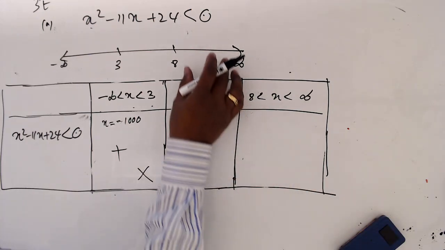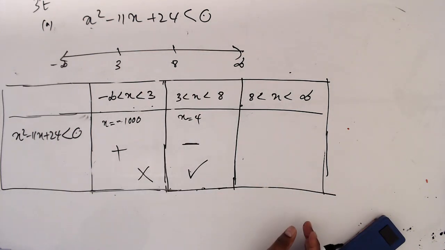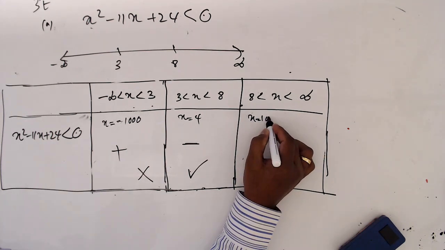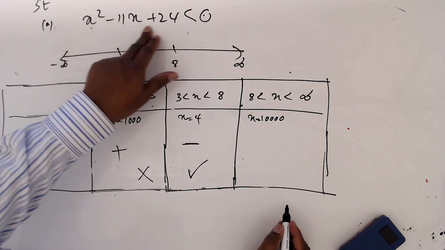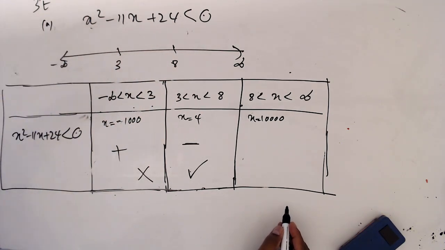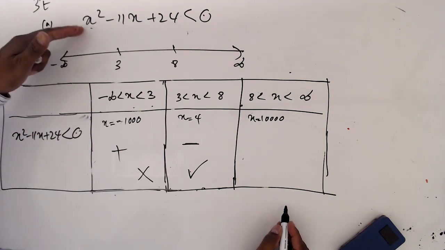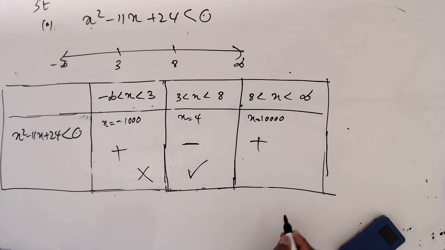And then we'll take any value from this interval. I'll take 10,000. Then I don't need to look at this one. 10,000 is quite a big number, and this is going to be positive. And then that area does not match.